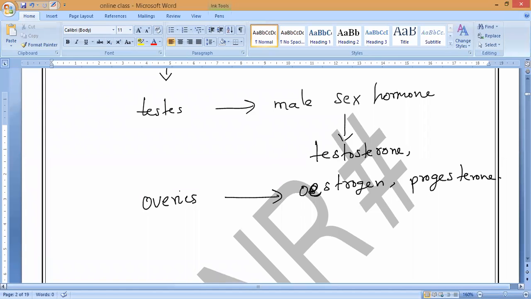Producing male and female gametes is fine, but producing these hormones also plays a very important role in the process of reproduction, because they make the reproductive organs mature and start functioning.